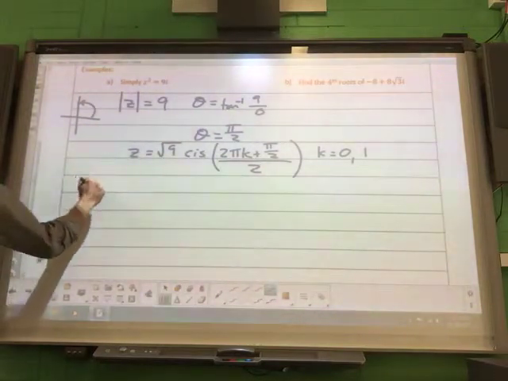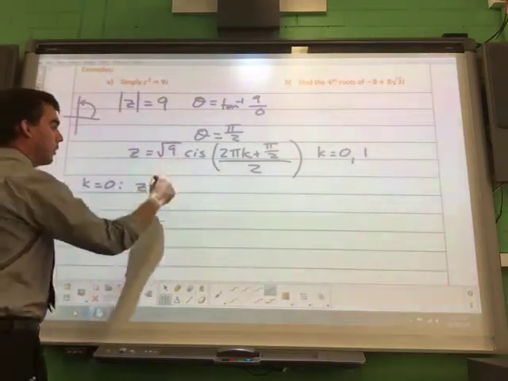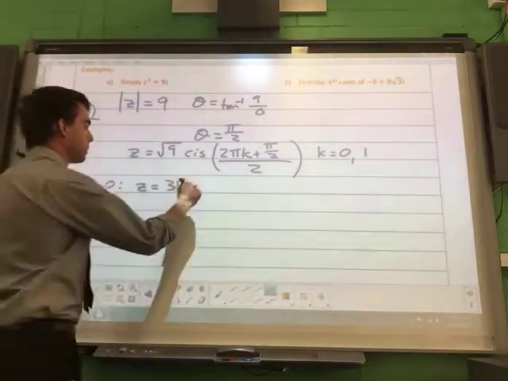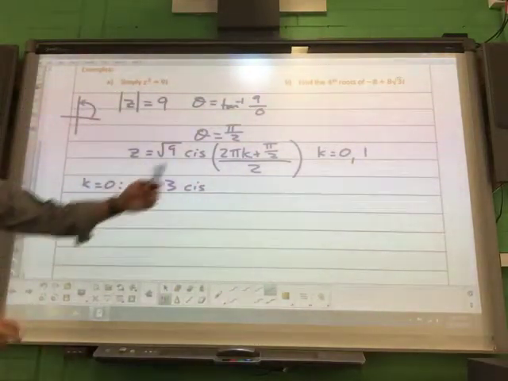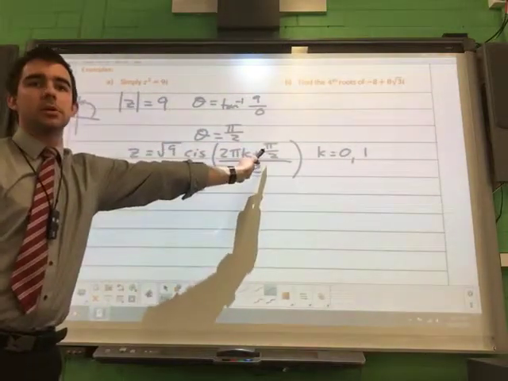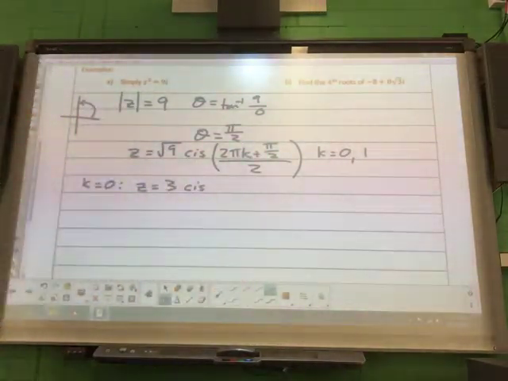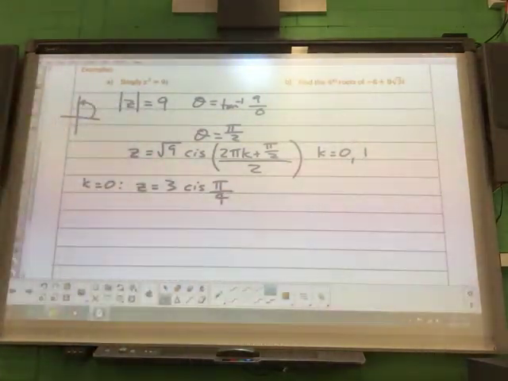So k equals 0. z is going to be the square root of 9, which is 3, cis. 0 goes here, so that will eliminate that part of it. We've got pi on 2, all over 2, so we've got cis of pi on 4.